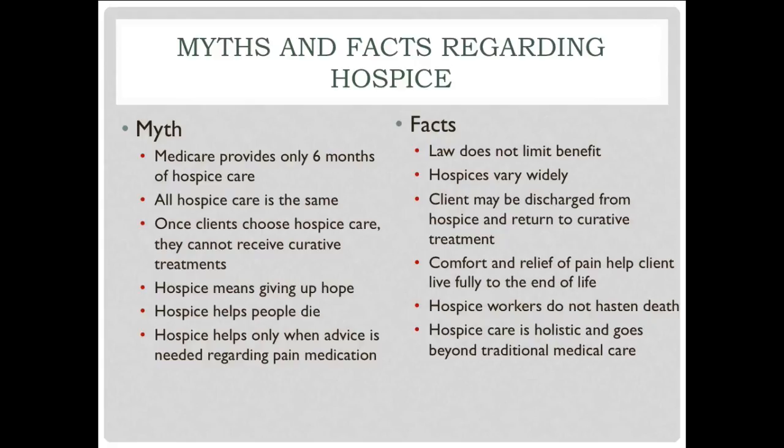Hospice is more than just pain medication. Hospice is a holistic environment that looks at the client and their family physically, emotionally, spiritually, and does a really good job of supporting the entire family and even close friends to the family.